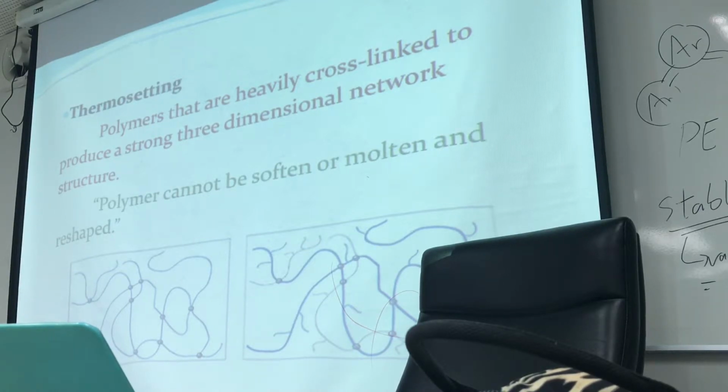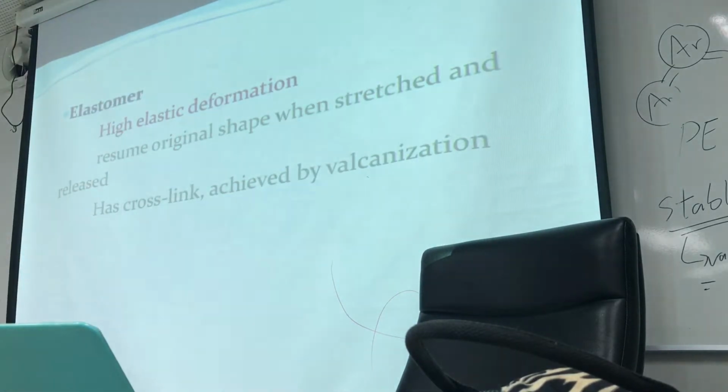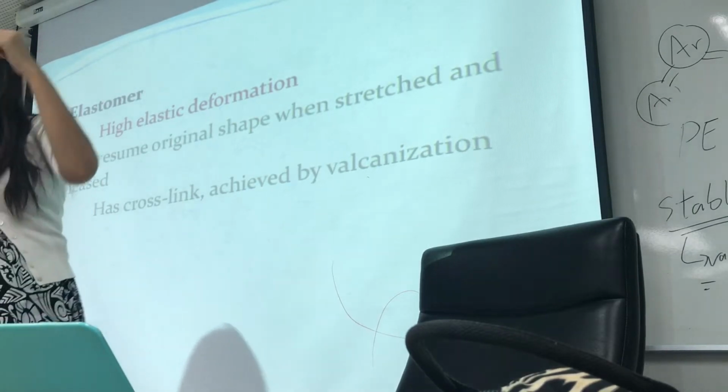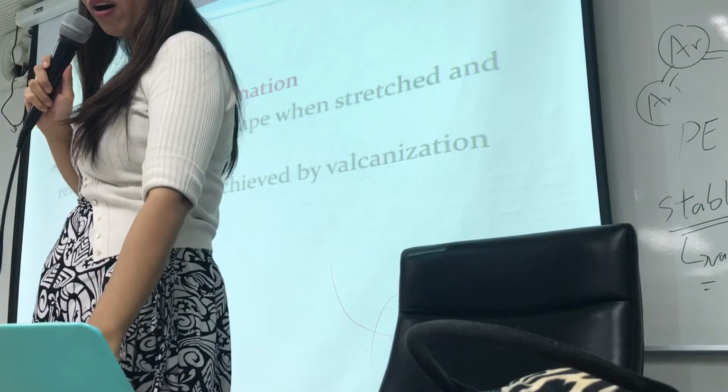And why does thermoset have a higher melting temperature? It has bond cross-links. It's stronger and hard to melt. So next, have you seen the structure of elastomer before?